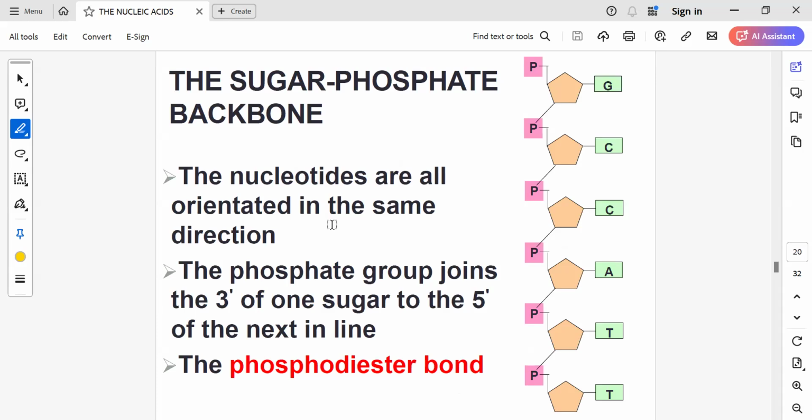Now the next thing that we are going to look at is the sugar phosphate backbone. The nucleosides are all oriented in the same direction.